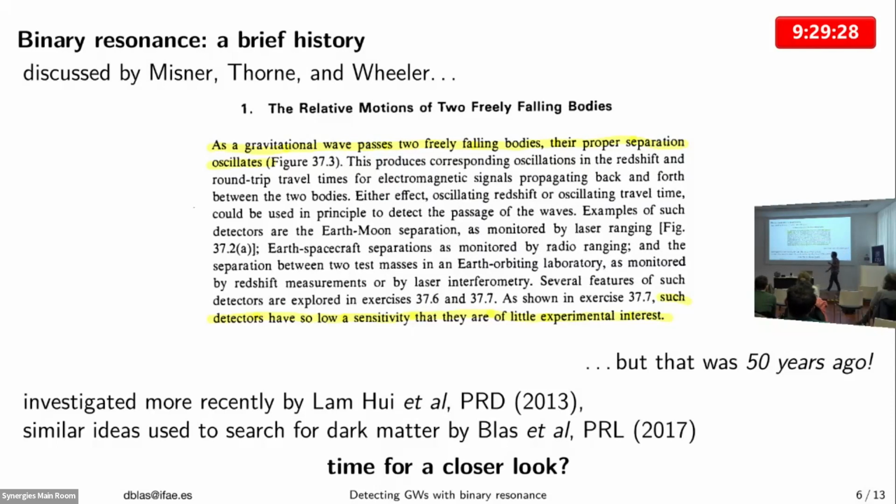I have the formula somewhere in the slides. I think I'll jump to it. But they also conclude that this is never going to be a good detector because the sensitivity or the other backgrounds are never going to be so precise that you can pick up this effect.